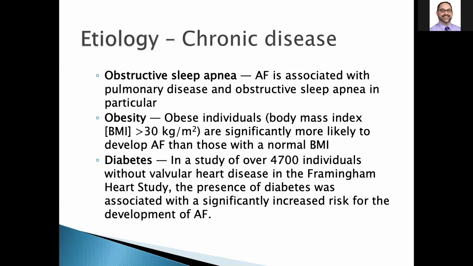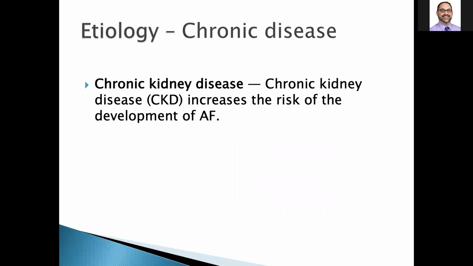I would say probably 25% of the referrals I got when I was practicing in pulmonary for sleep were patients with new onset AFib for evaluation of obstructive sleep apnea. Obesity increases your risk. Diabetes increases your risk. Chronic kidney disease also increases your risk of atrial fibrillation.